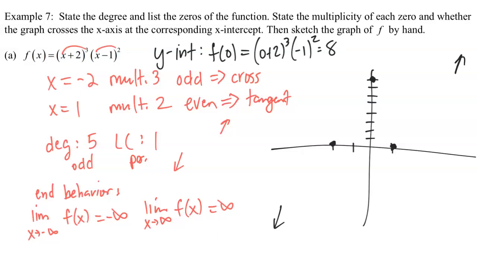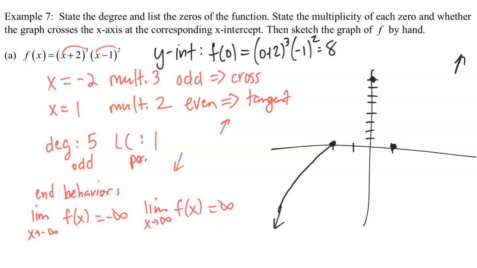And so let's now fill in the middle parts of this function by paying close attention to our zeros, their multiplicities, and whether or not we should cross or just go up and touch and bounce off the x-axis. So starting over here on the left, I know that the first place I'm going to go is this 0 right here.